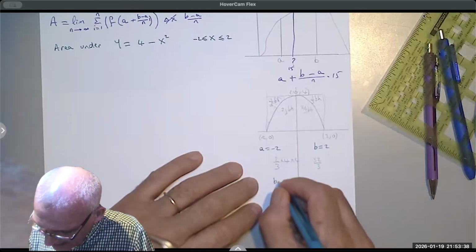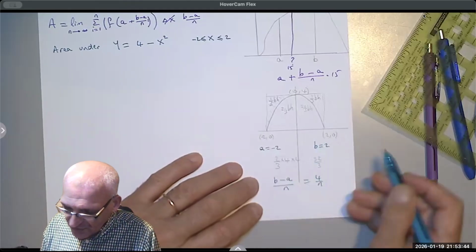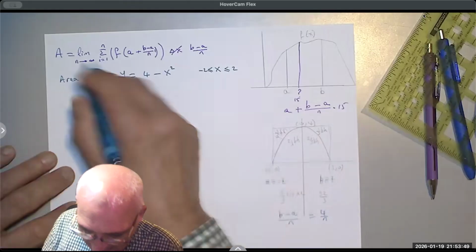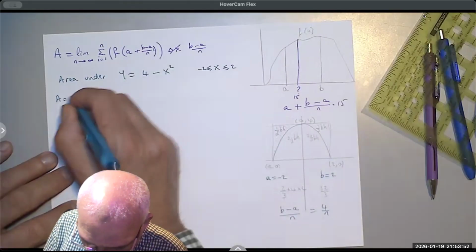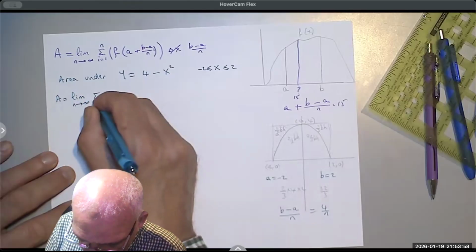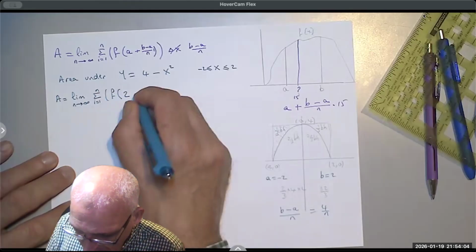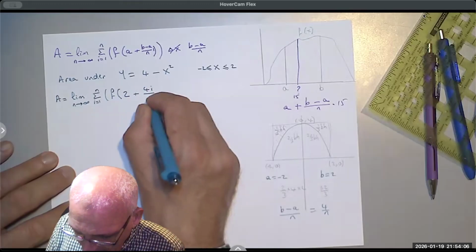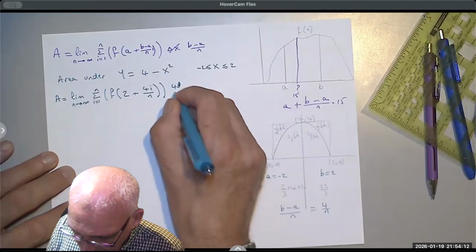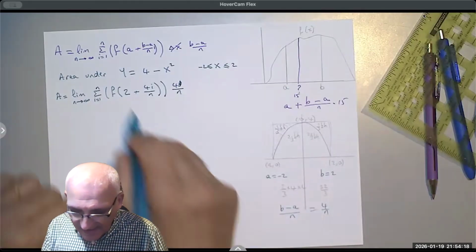So B minus A over N is 4 over N, right? 2 minus -2 over N. Okay, so now I can rewrite this as A equals the limit as N approaches infinity of the sum of I going from 1 to N of f of 2 plus 4I over N times 4 over N. There is no I outside, of course. It's B minus A over N, delta X. That's the height, that's the base.